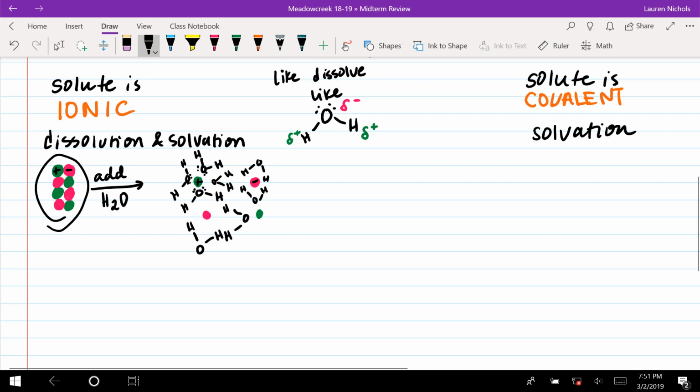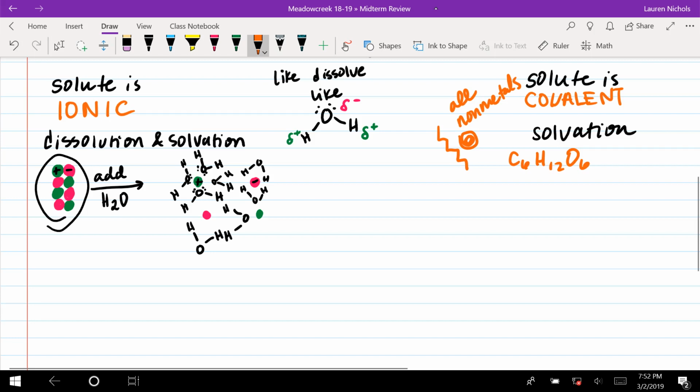Now, if a solute is covalent, for example sugar, which is C6H12O6, remember, if you're covalent, that means you're all nonmetals, on the right side of the periodic table. If you have glucose, it's all nonmetals: carbon, hydrogen, oxygen.